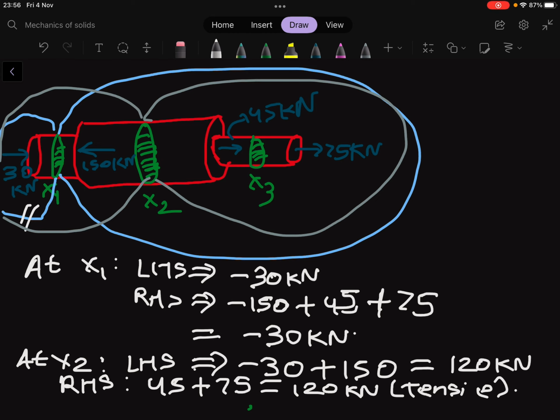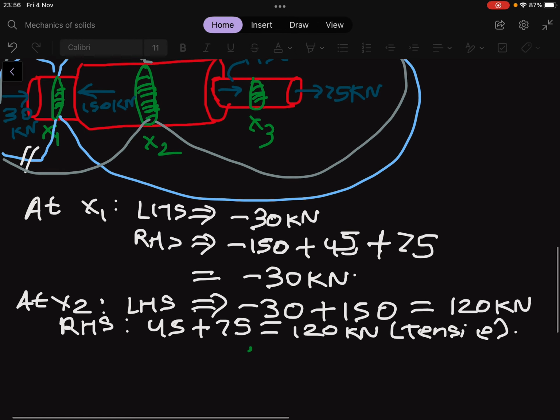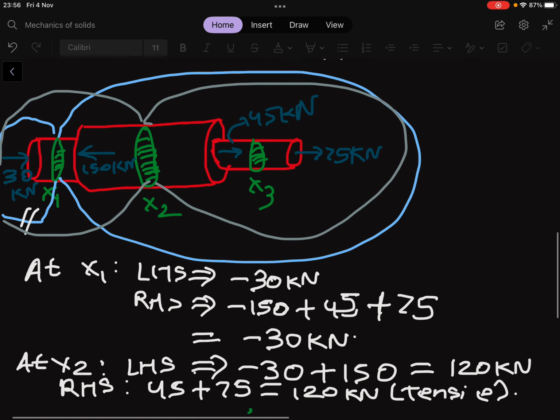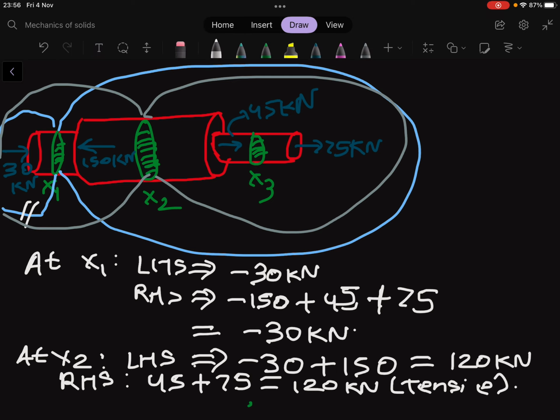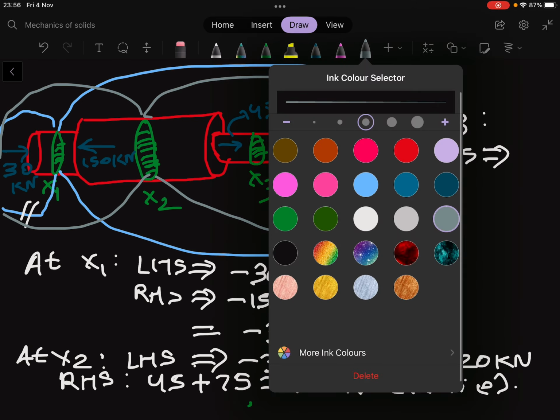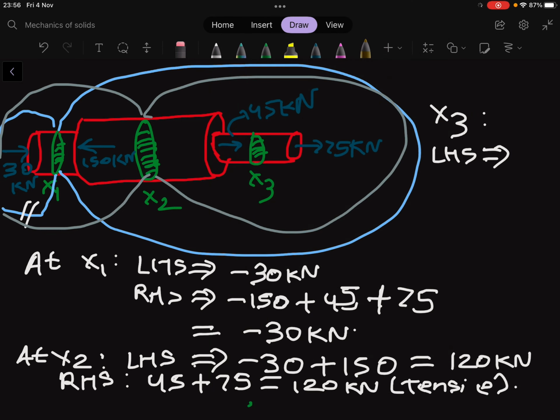Now if you want to calculate for section x3, let me write here itself, for the left hand side. From the right hand side we have only one load, and from the left hand side we see these arrangements.